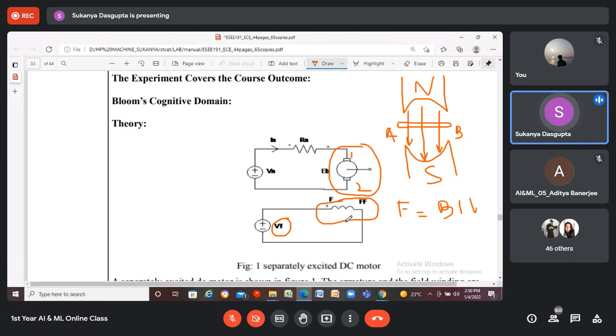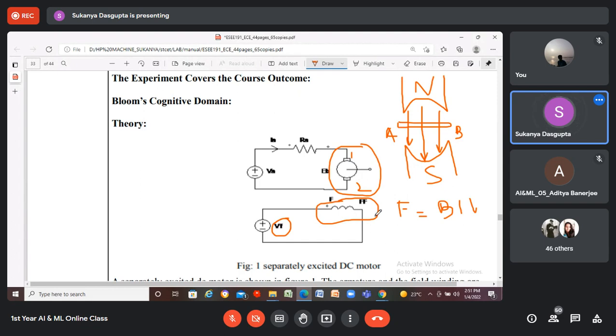Whereas in the case of a self-excited DC motor, the field winding will be excited by the DC supply connected with the armature itself. So in a self-excited motor, the field winding can be connected either in series with the armature, or in parallel with the armature, or in a series-parallel combination.